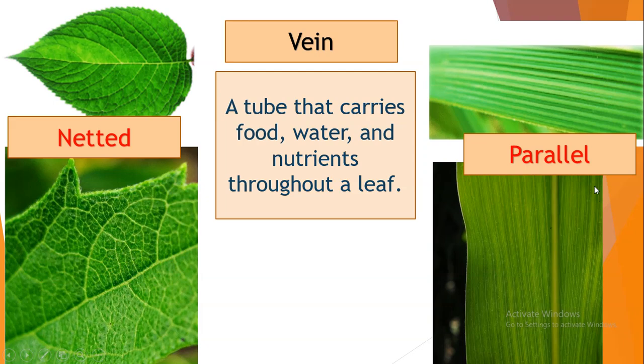I'll give you an example. Corn leaf has parallel veins, and grape leaves and fig leaves have knitted veins. So according to vein pattern, scientists classified leaves into knitted veins and parallel veins.